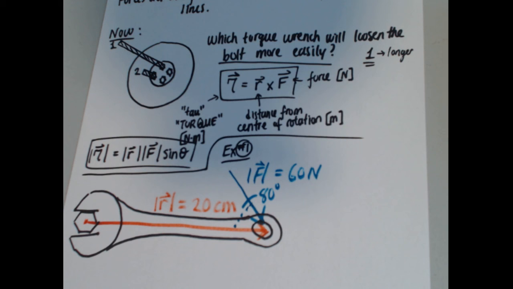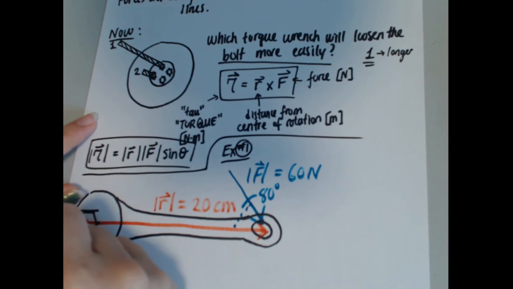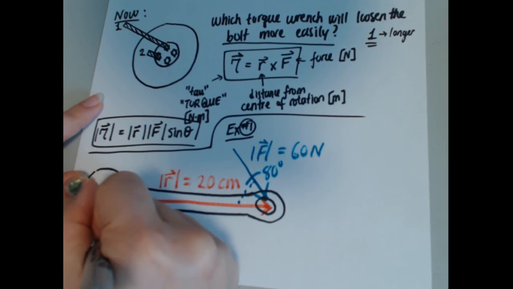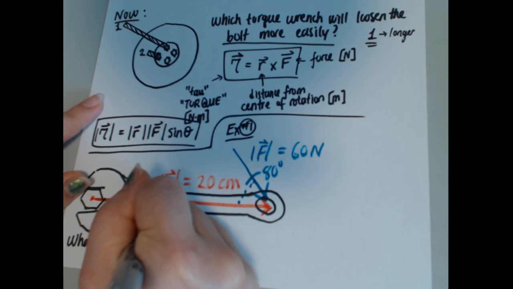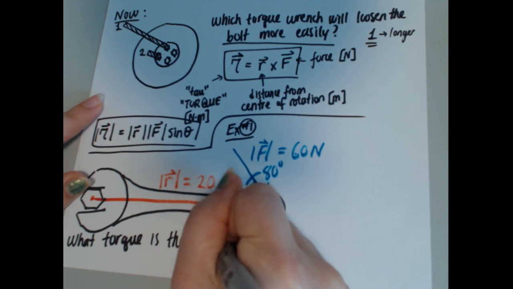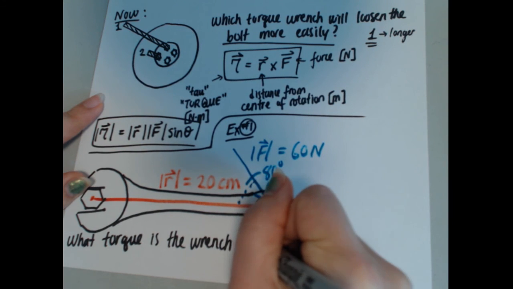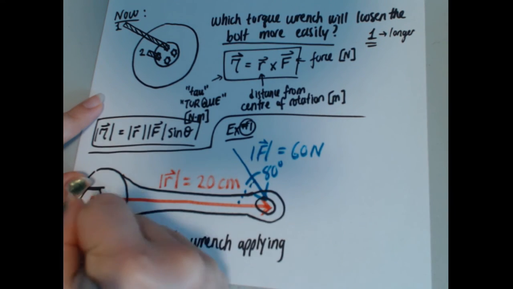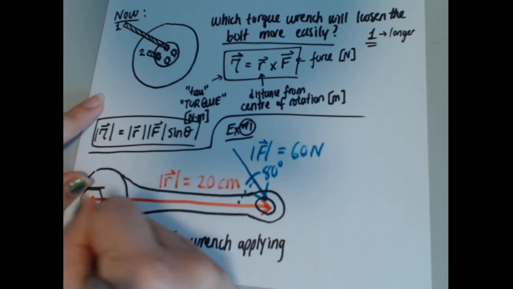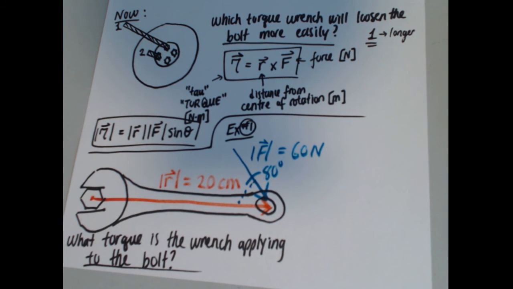So here's our scenario, and the question is, what torque is the wrench applying to the bolt?